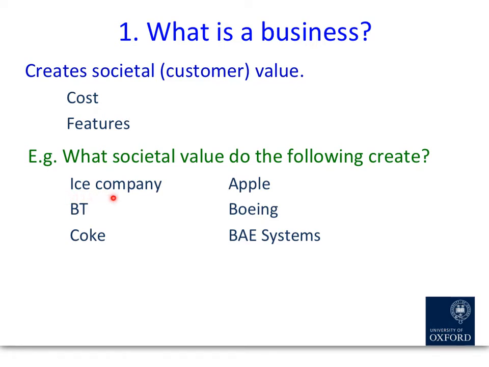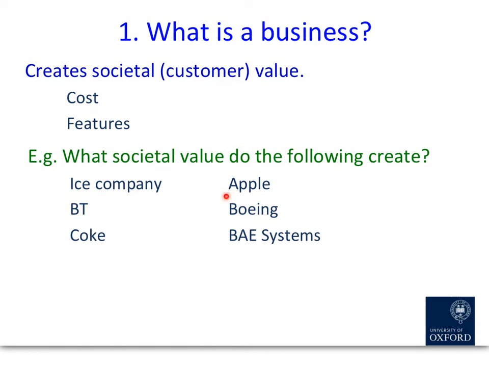Let's consider firstly the ice company. The ice company is depicted on the front page of this mini-series. A group of people used to chop up ice from the Great Lakes within the Americas and ship it around the world. It was one of the main techniques of keeping food and water cold. Clearly, there's a direct benefit for being able to store food for longer, and that is the societal value they're creating.